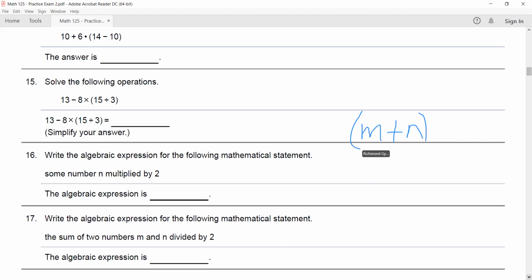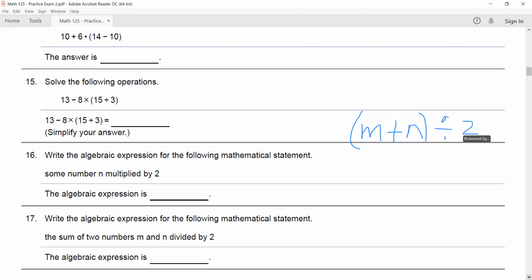You could see that I've put m plus n in parentheses. Why? Because I need the sum. I don't need m and n as individual variables. I need the sum. So I divide by 2.